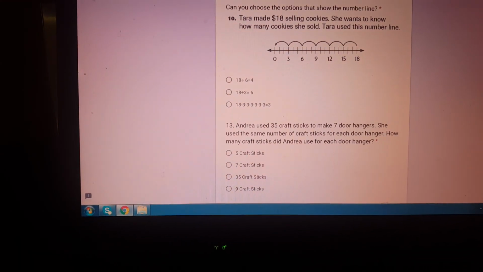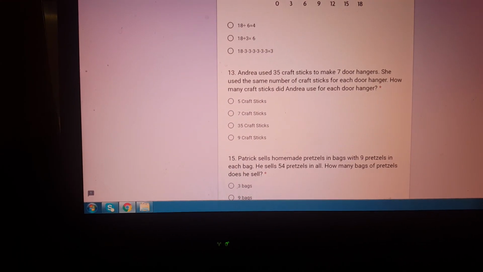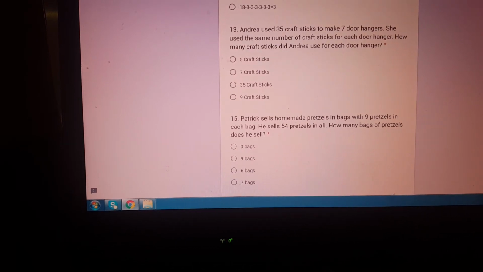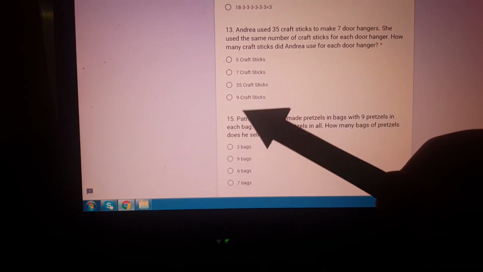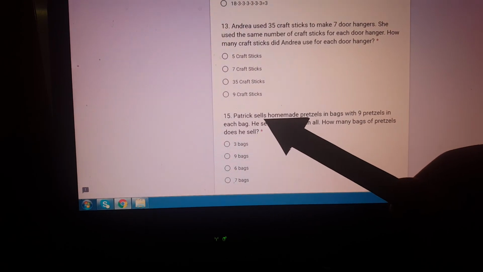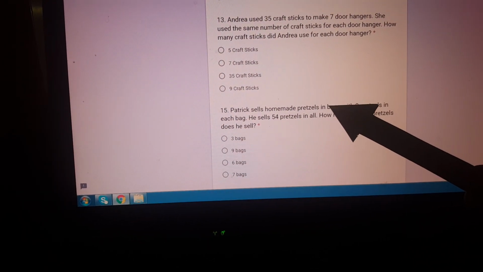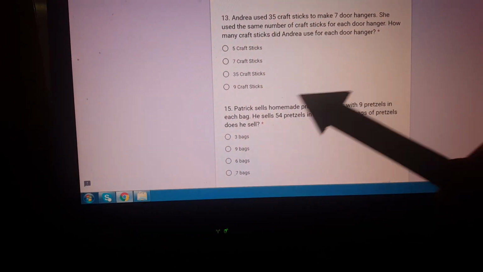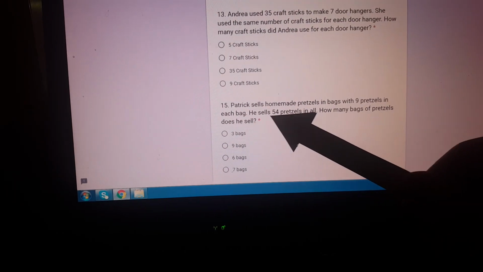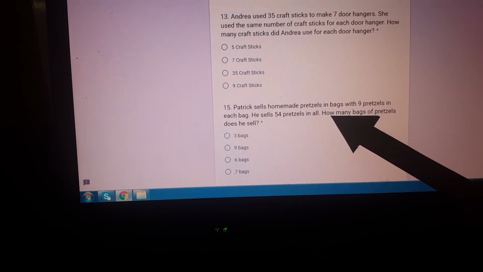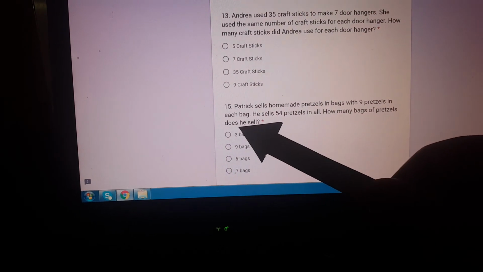We're moving on to number 15, to the next problem. Number 15. Patrick sells homemade pretzels in bags with 9 pretzels in each bag. He sells 54 pretzels in all. How many bags of pretzels does he sell?